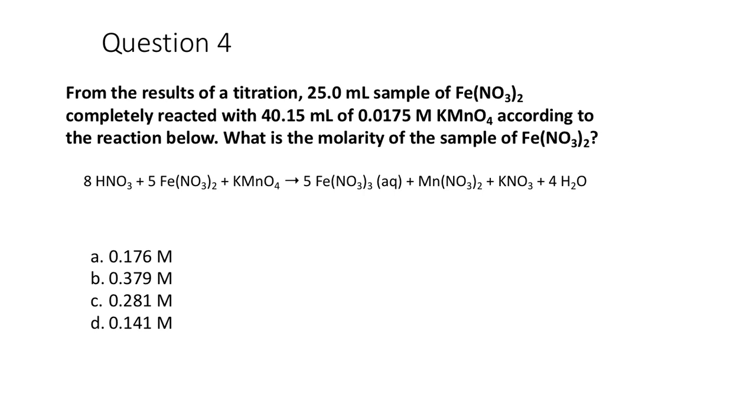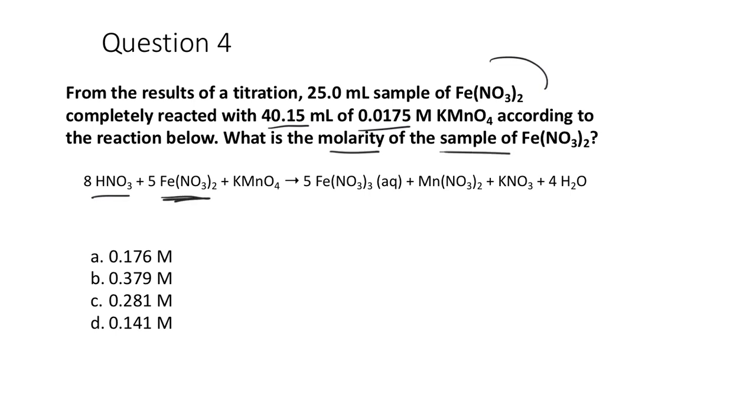Now, from the results of a titration, 25 mL of iron(II) nitrate, Fe(NO3)2, the sample of iron nitrate completely reacted with 40.15 milliliters of this KMnO4 solution, presumably in excess acid. So this here is what we're trying to determine the concentration of.